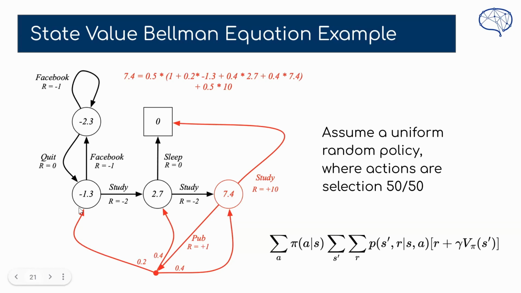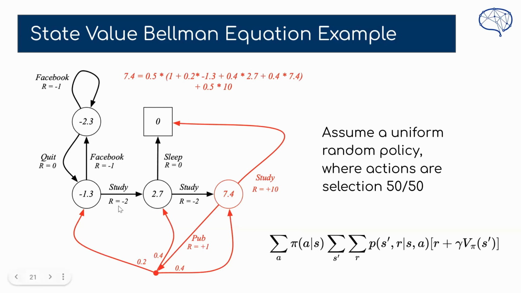All right. So going from this state now, what would you want to do? Study, yeah. And why is that again? Yeah, perfect. So we're going from 1.3 to 2.7, which is a much better expected return.